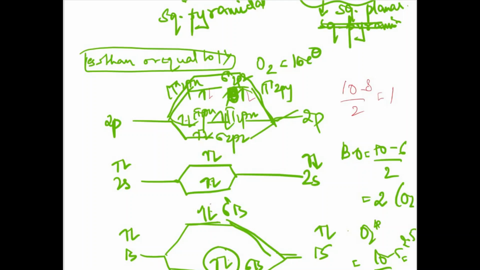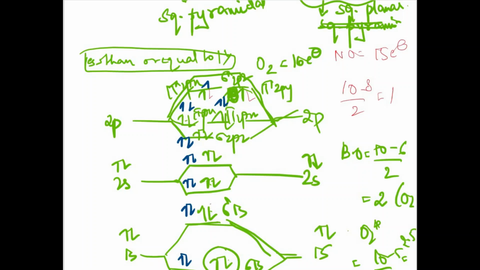Now coming to NO, that means 7 plus 8, 15 electrons, again greater than 14, so this diagram is valid. 15 electrons means 1, 2, 3, 4, 5, 6, 7, 8, 9, 10, 11, 12, 13, 14 and 15.